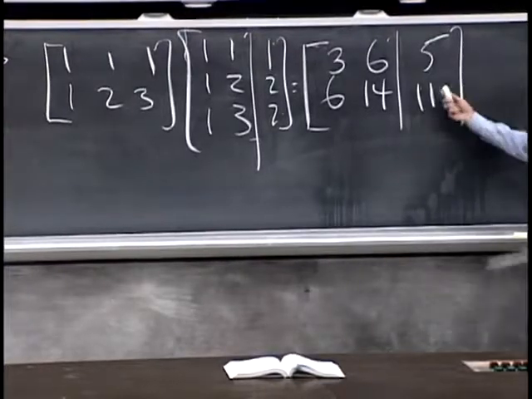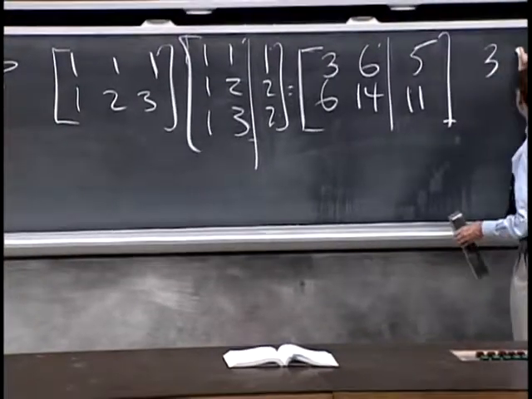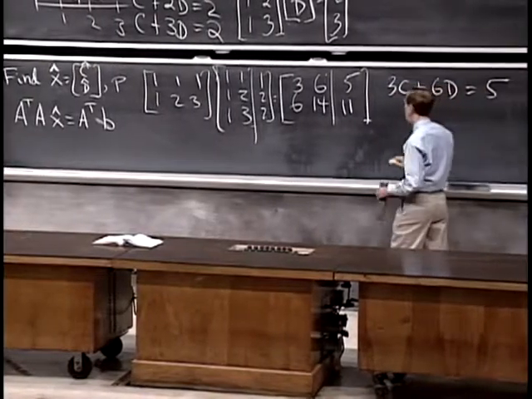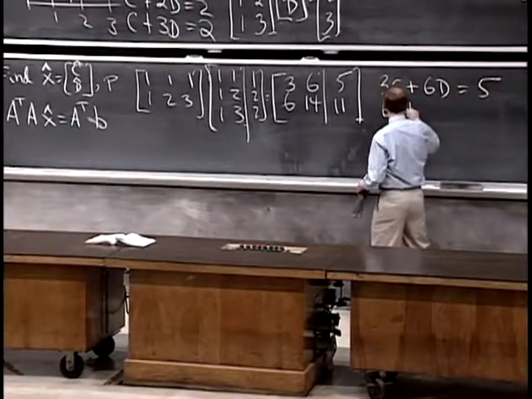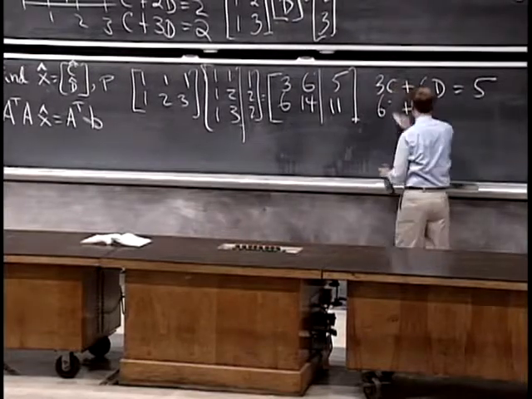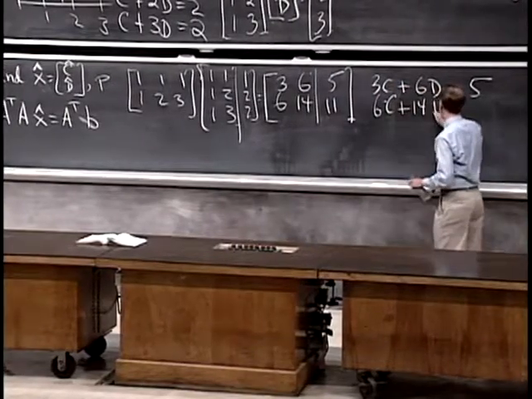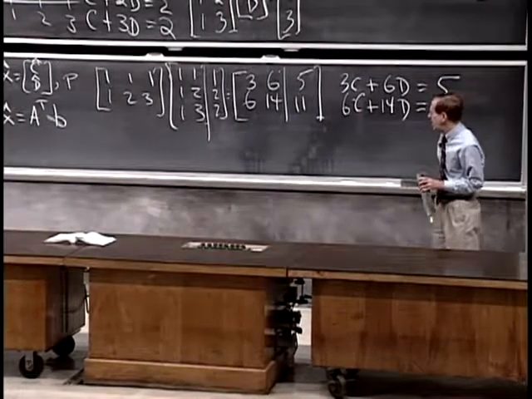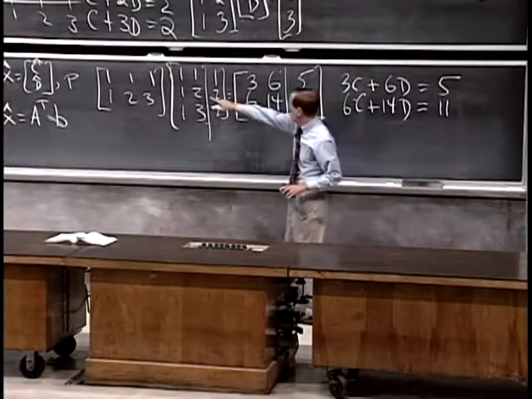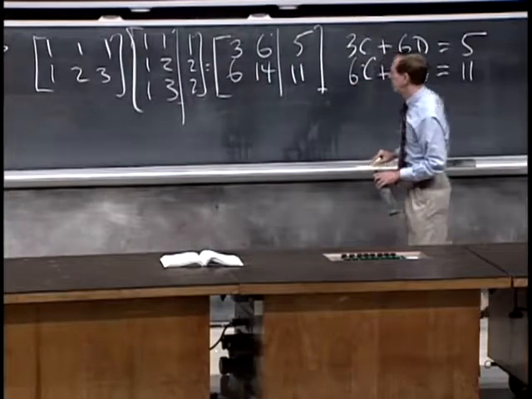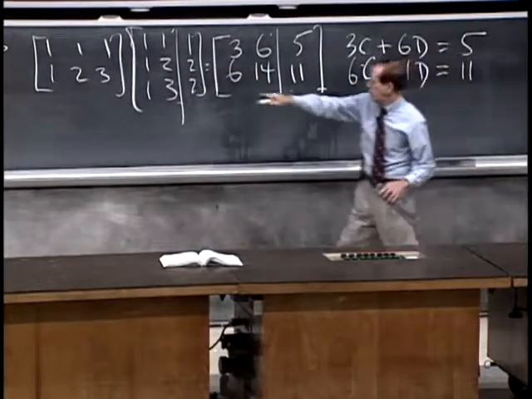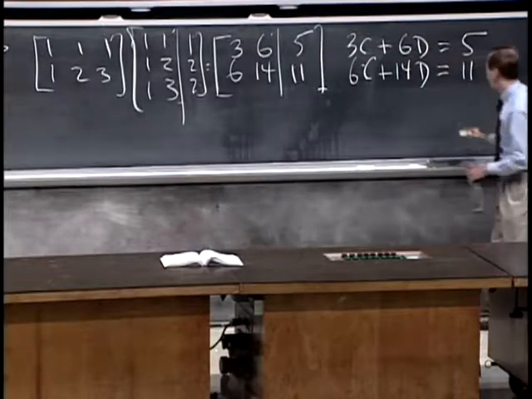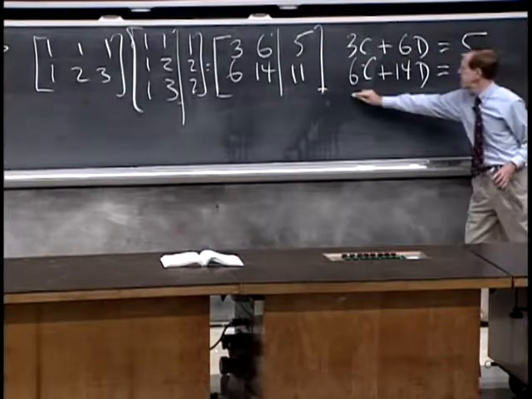So I think my equations are 3C plus 6D equals 5, and 6C plus 14D is 11. Can I just, for safety, see if I did that right? 1, 1, 1 times 1, 2, 2 is 5. 1, 2, 3 times 1, 2, 2 is 1 plus 4 plus 6, 11. Looks good. These are my equations.